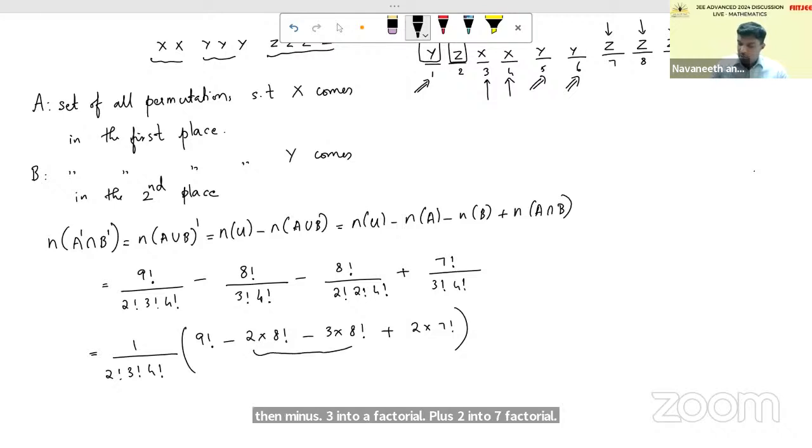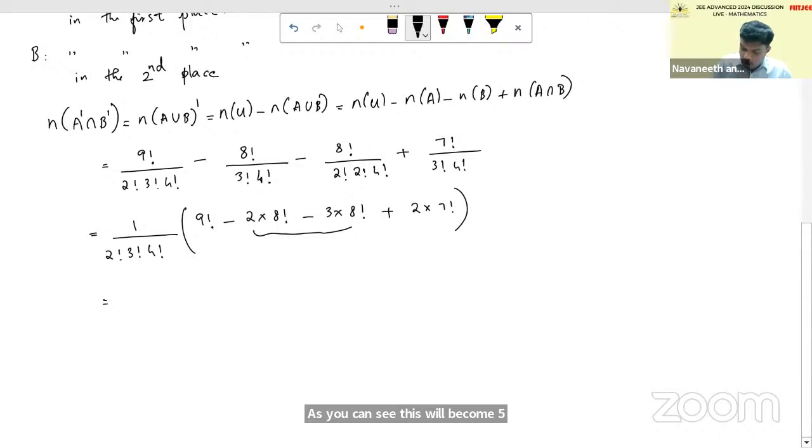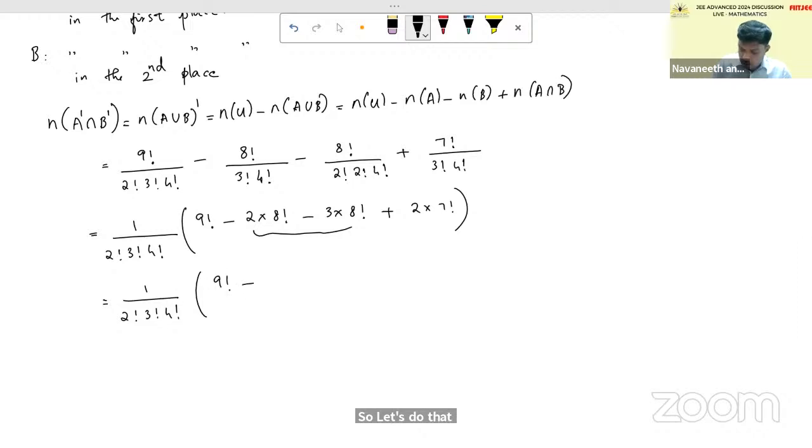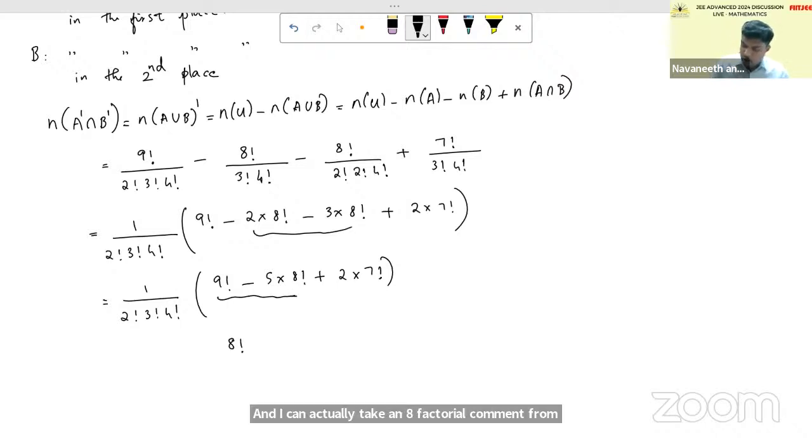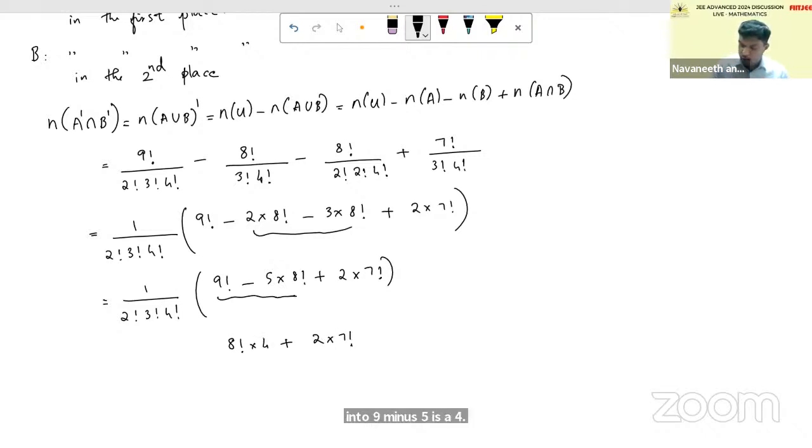As you can see, this will become 5 times 8 factorial. Here I can take 8 factorial common from these two terms. So that comes out to be 8 factorial into 9 minus 5, which is 4, plus 2 into 7 factorial.